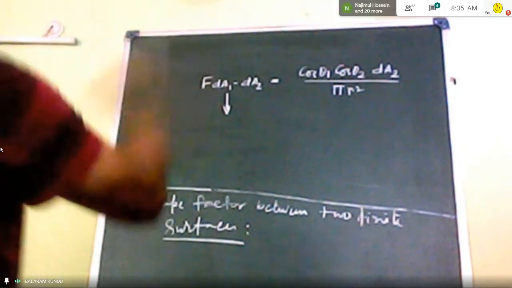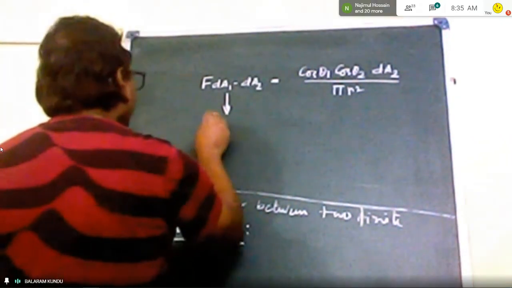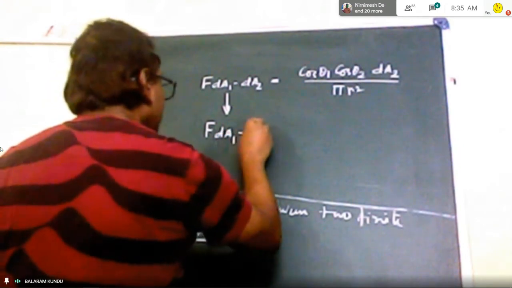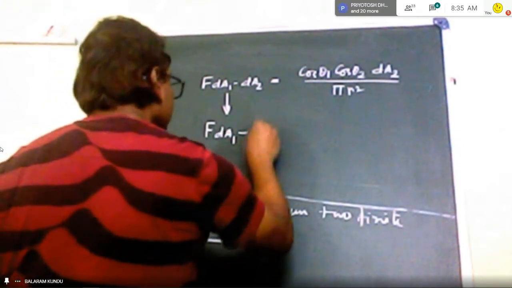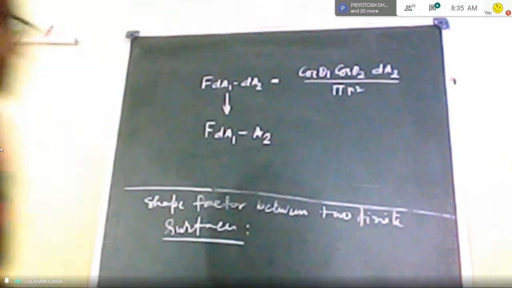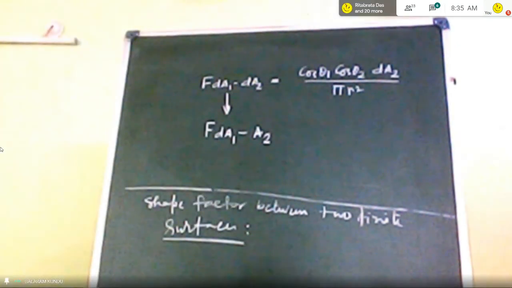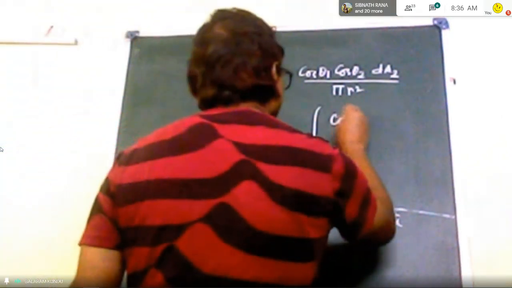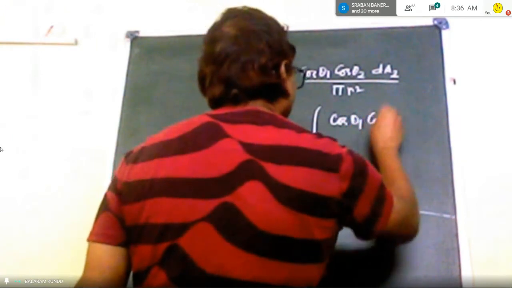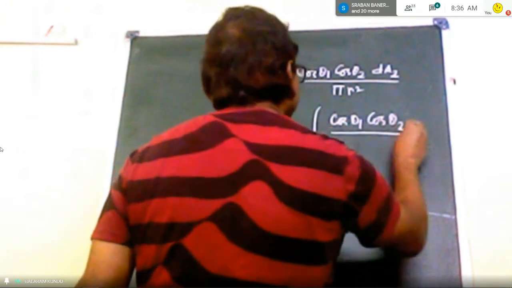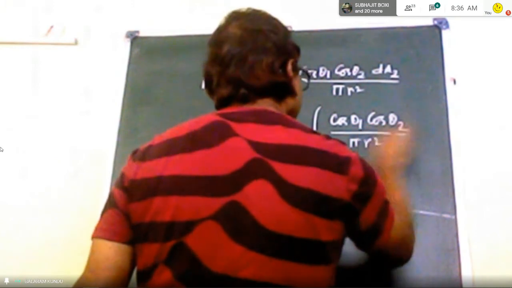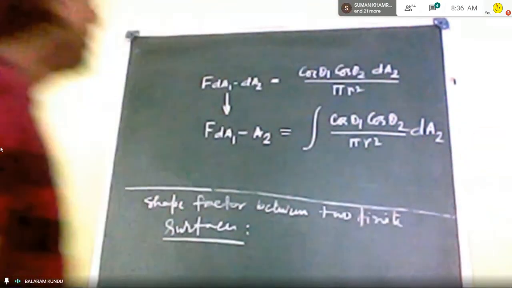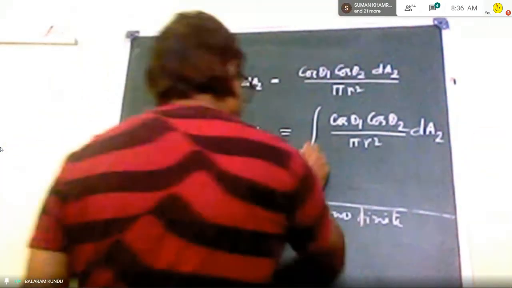So the shape factor expression will be F of dA1 to A2, where A2 is the finite surface, equal to the integral of cos of theta 1 cos of theta 2 divided by pi r square into dA2, integrated along the surface A2.